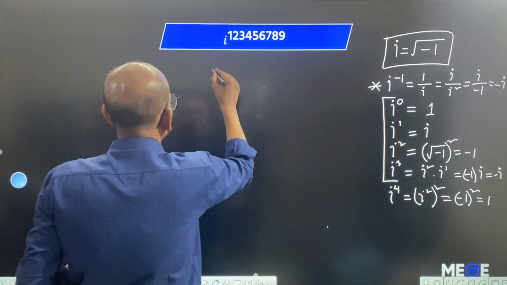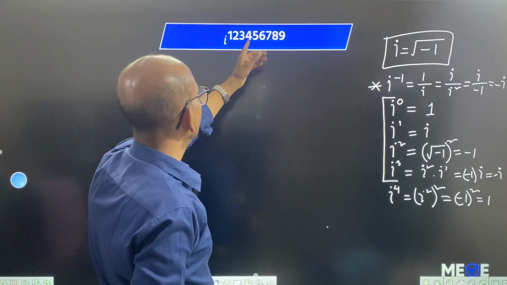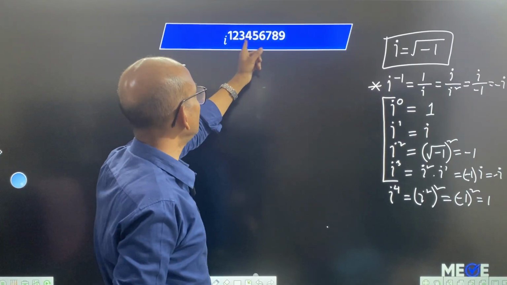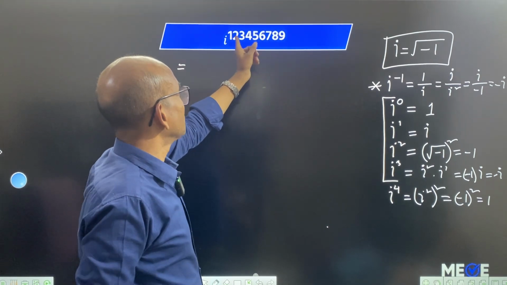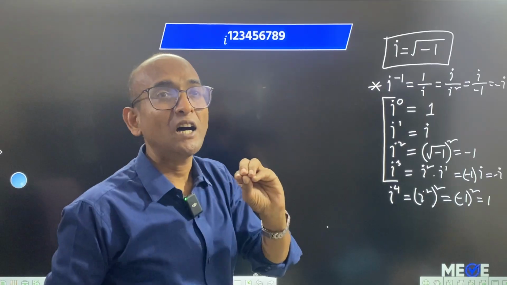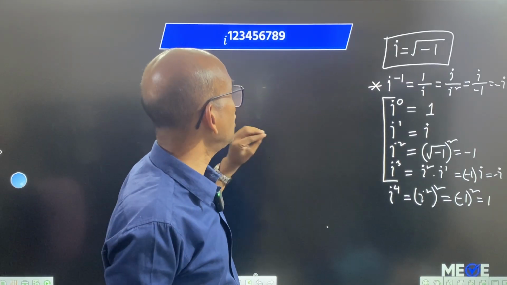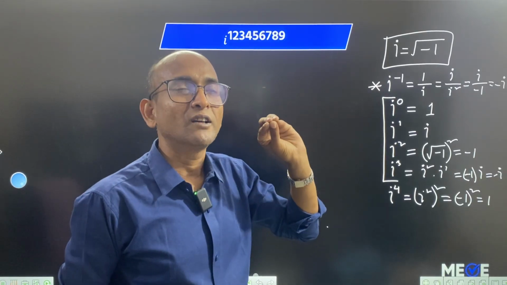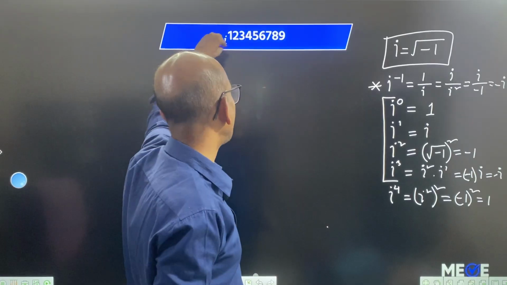Okay, now let's try. In this case you will just divide this exponent, the positive integer, by 4, and you will have a remainder. That remainder will be put as an exponent to that i.